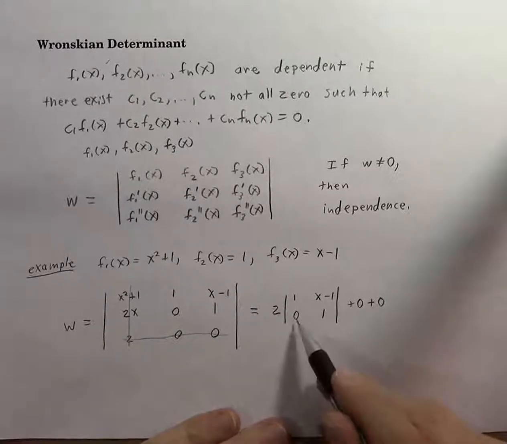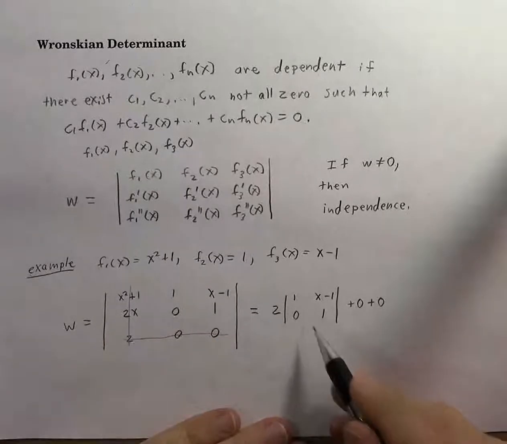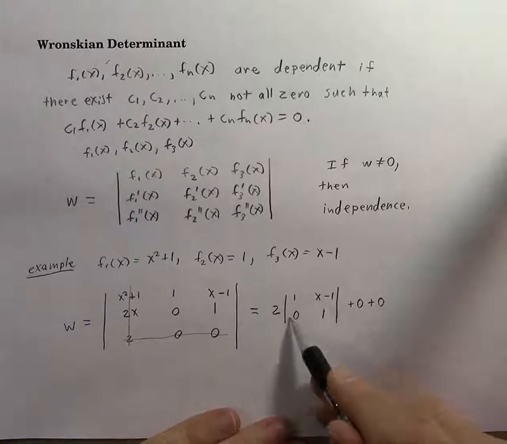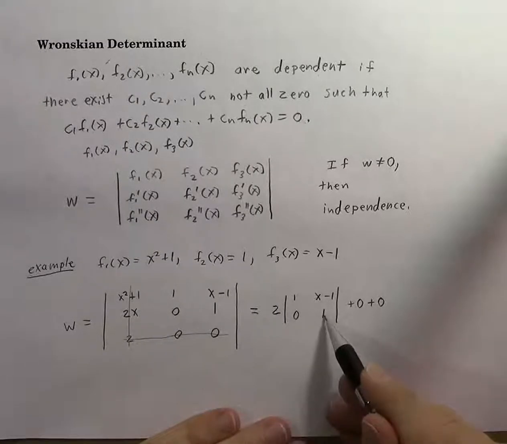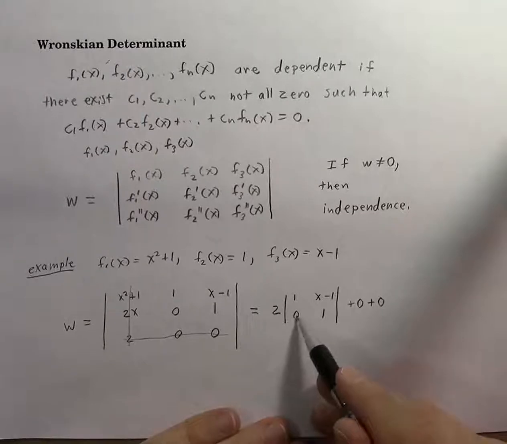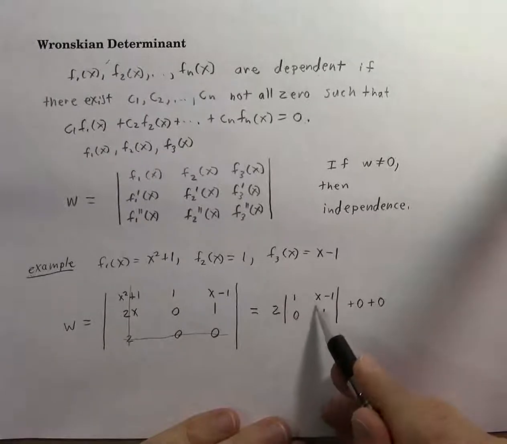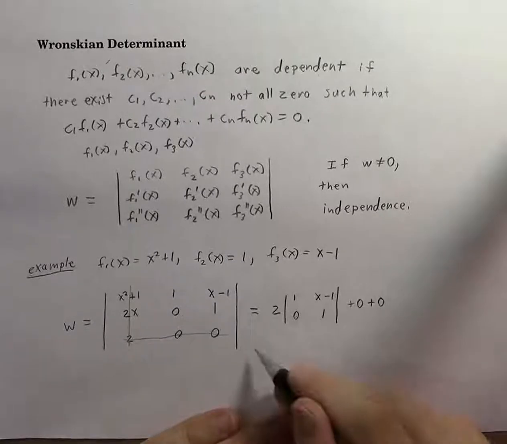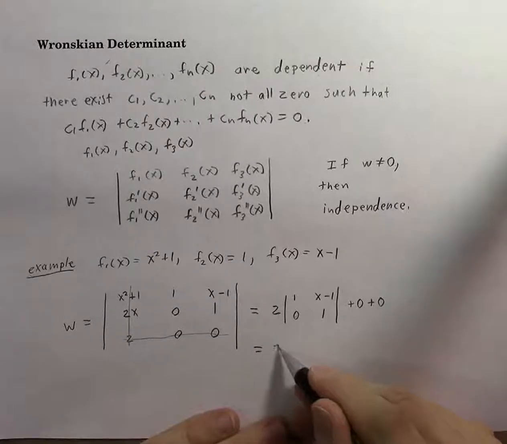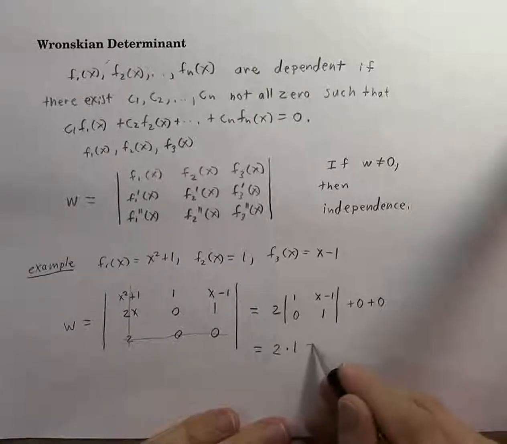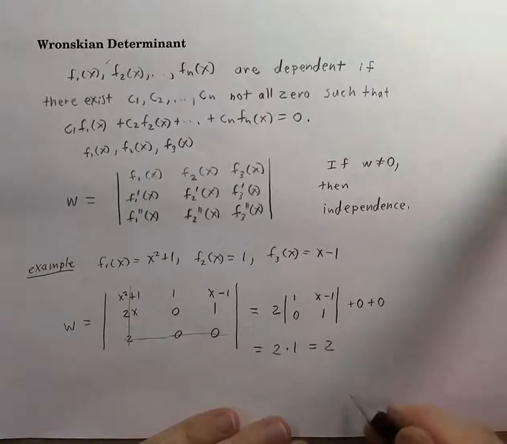Then we need to do this 2 by 2 determinant, and we can do that by cross multiplication. So we have 1 times 1 is 1, and x minus 1 times 0 is 0. So we just end up with a 1 here. So we have this 2 that we had before, and then cross multiply, we get a 1, and 2 times 1 is equal to 2.